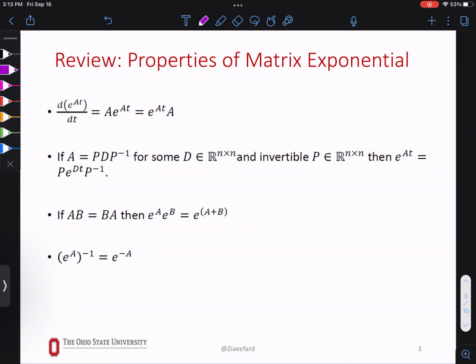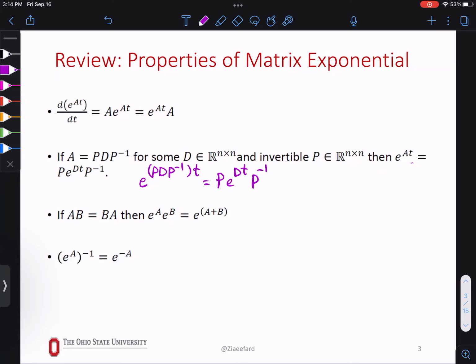If you can define an invertible matrix P, so that P inverse exists, then we can write e to the power of At as this expression. Basically, e to the power of P D P inverse times t would be equal to P e to the power of D t P inverse. We can write that expression.